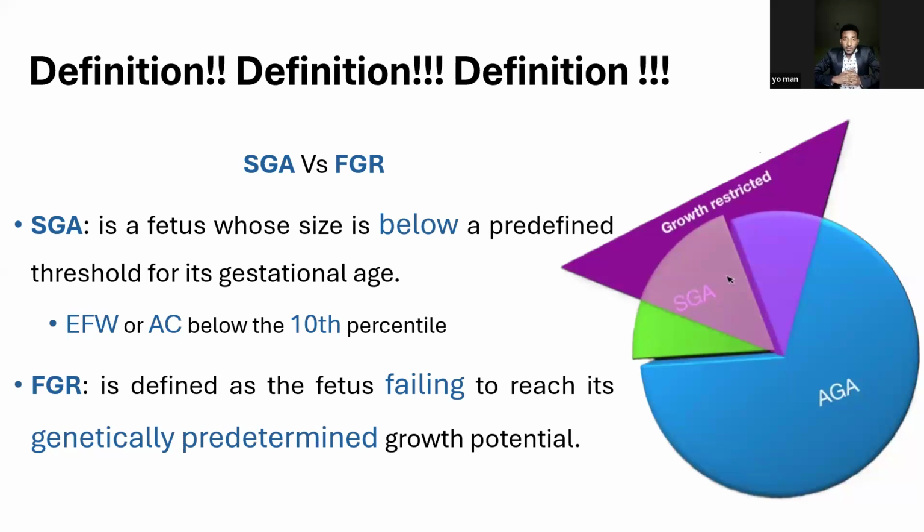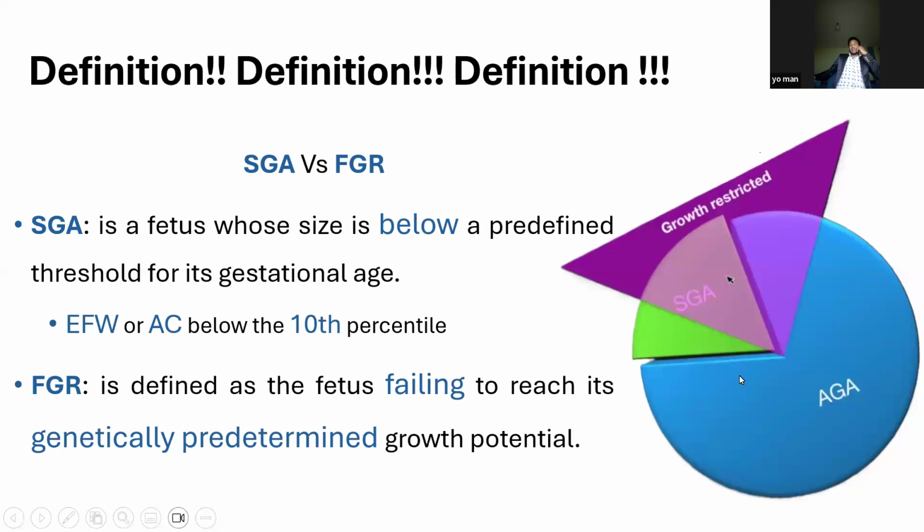Genetically predetermined is highlighted because, due to the father's or mother's condition, that fetus has a genetically predetermined size and growth. If that fetus is failing to reach that potential, we can call it FGR. That's why ultrasound diagnosis of FGR is much more difficult compared to ultrasound diagnosis of small for gestational age.